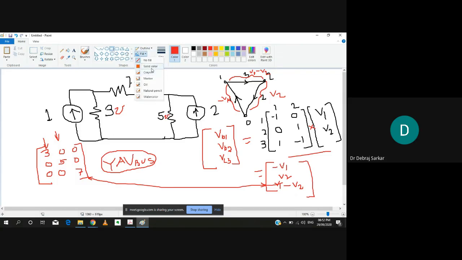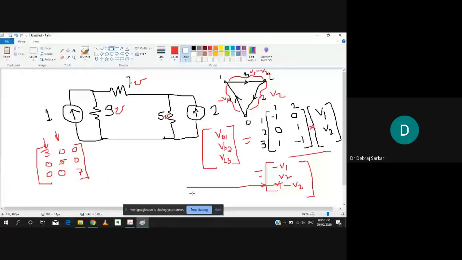Okay, so I think we're okay with this. So I'm removing this part.